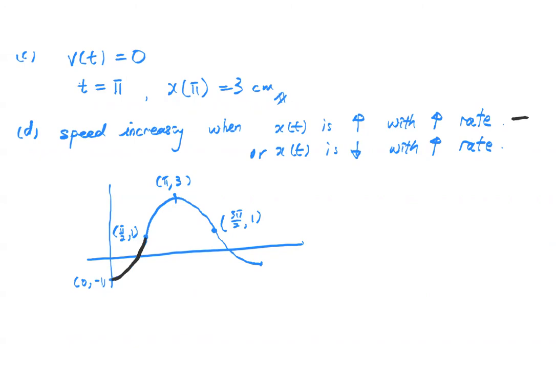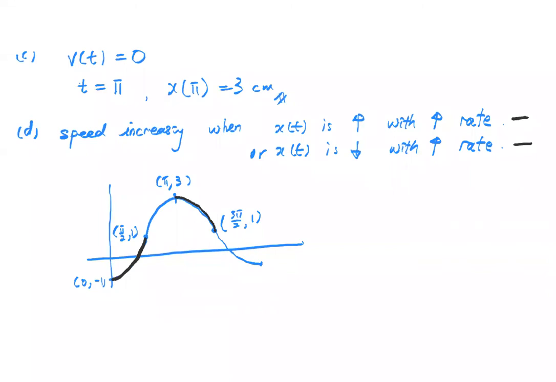The gradient becomes steeper, means the speed is increasing. This part, the gradient also becomes steeper. So I can straight away from the graph give the answer without drawing the sign diagram.